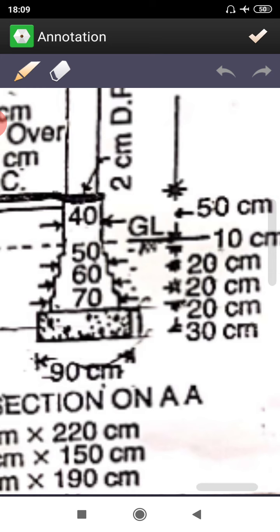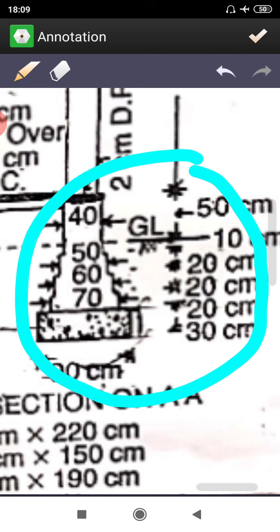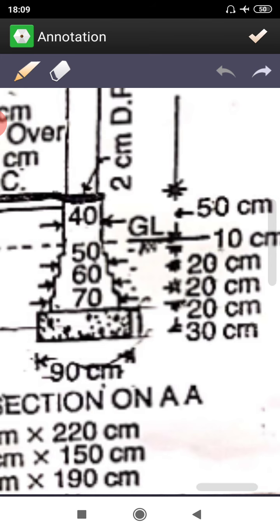Now how I got that 1 meter? See, if you see this, that footing details. So what is there? You will be having PCC, that is footing for the foundation. Then you will be having first footing, second footing, third footing, and fourth is plinth. So you'll be having footing bed, first footing, second footing, third footing, and a plinth.